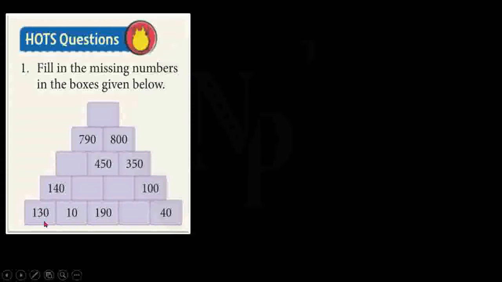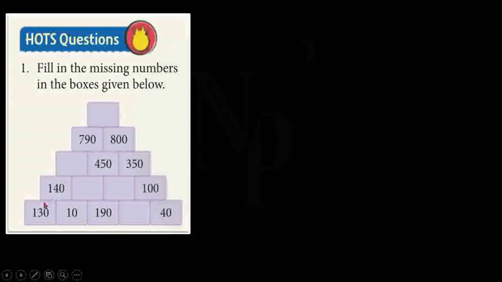On observing, what we can understand is, if you add 10 to 130, you will get 140, isn't it? 130 plus 10 is equal to 140.